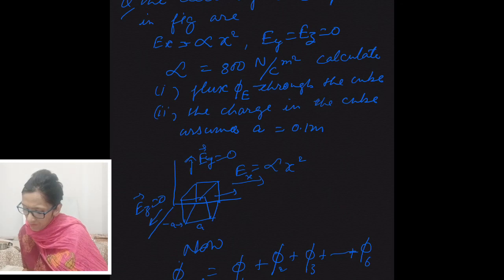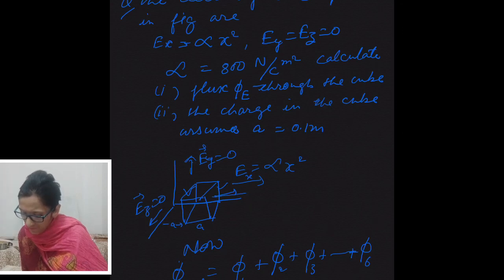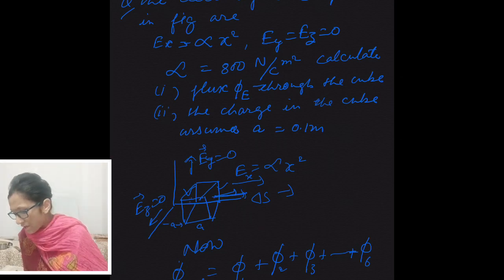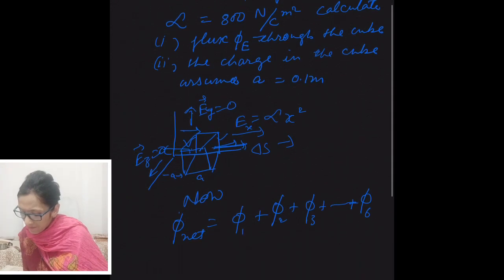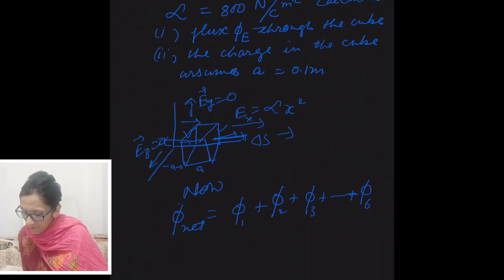Now see that there are only 2 surfaces which are in the yz plane, this surface and this surface, and their area vector is either parallel or opposite. In this case, area vector del S is parallel to the electric field. Area vector we take towards the outside normal. The outside normal is here, and in this case the outside normal is just opposite to the electric field. And for the rest of the surfaces, flux will be 0.